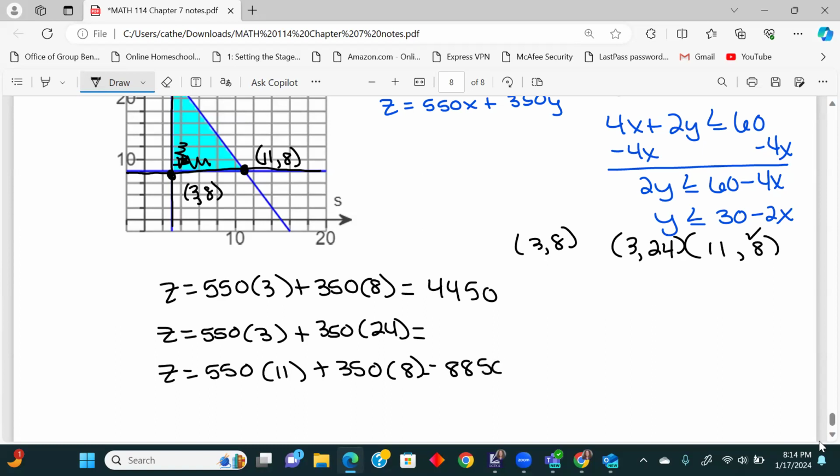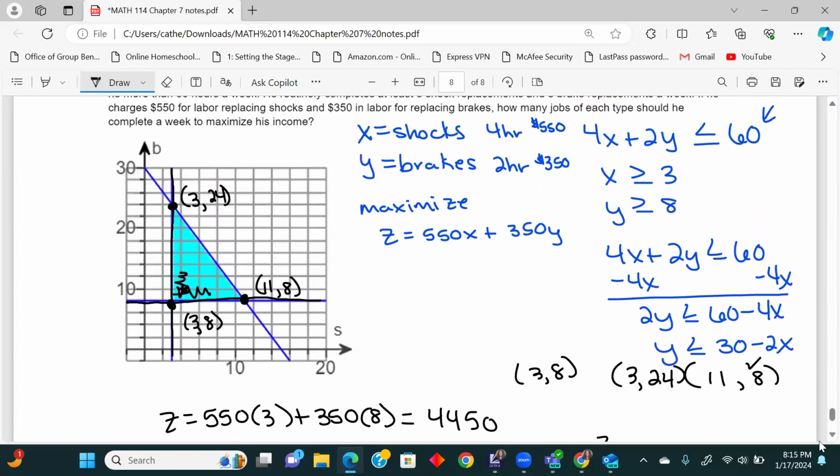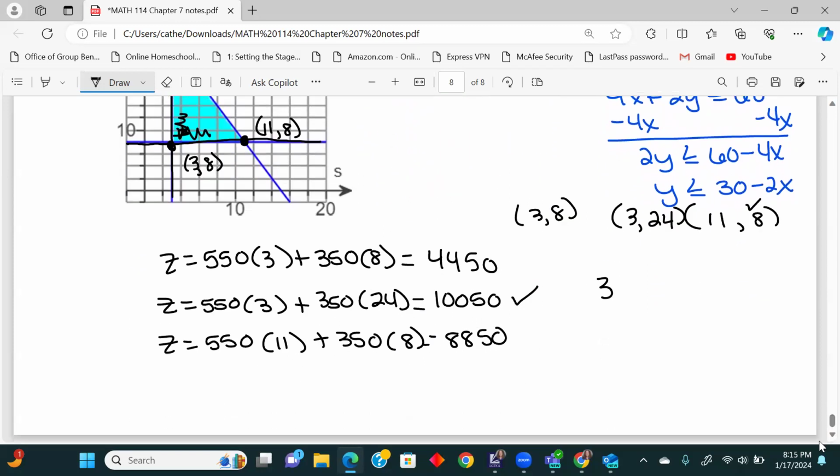I am not doing this in my head. 324. All right, so this will maximize the profit when you do 3, was it shocks or brakes? Let's look. Shocks, 3 sets of shocks, and 24 brake jobs. And that is it for chapter 7.